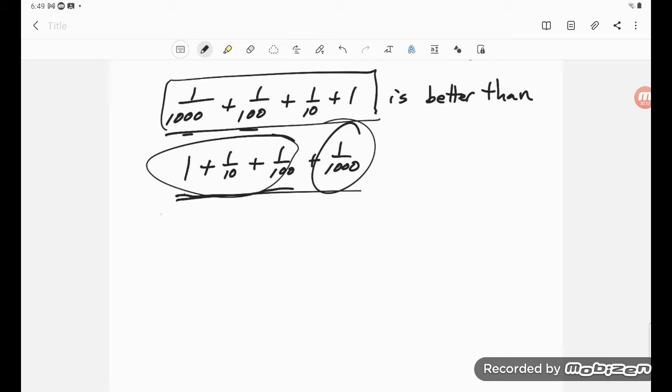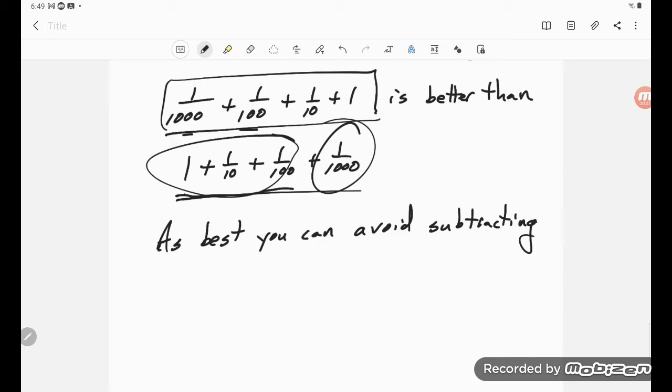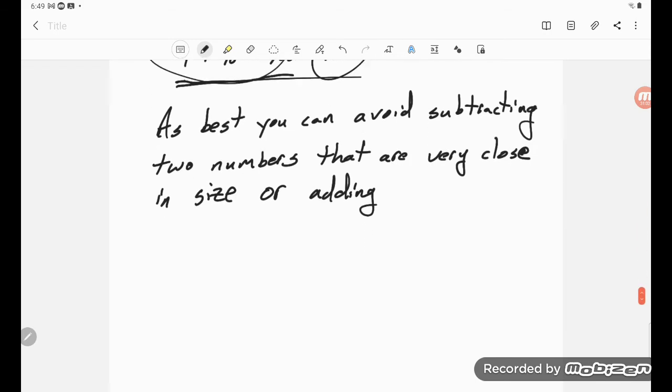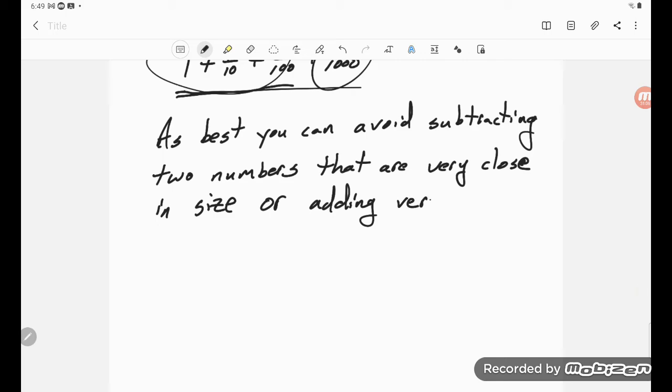And then also, as best you can, avoid subtracting two numbers that are very close in size, or adding very different sizes.